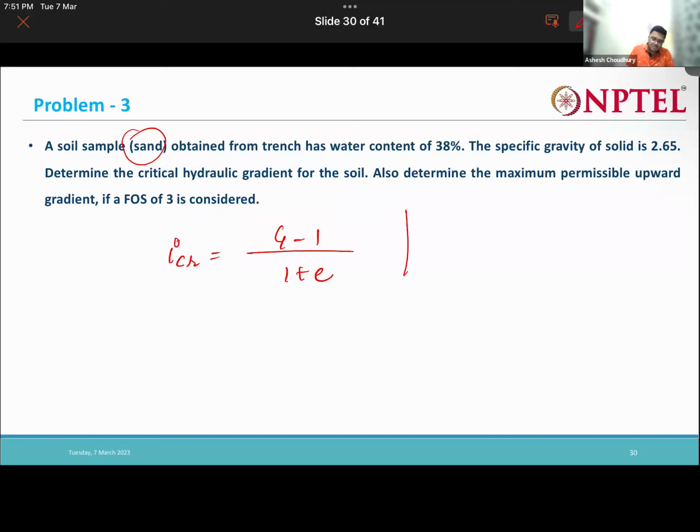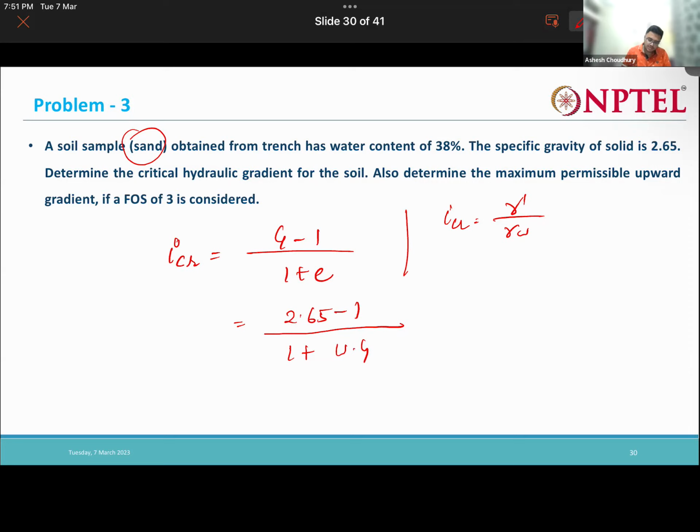My critical hydraulic gradient is nothing but gamma sub by gamma w. So from here we are getting this. Just put in the given quantities: 1 plus e, where e is equal to w into G, since S is equal to 1.